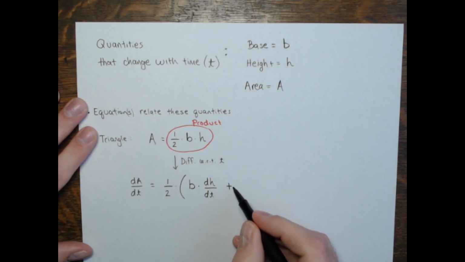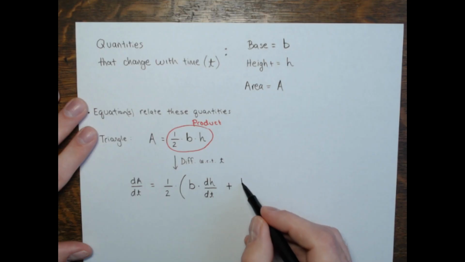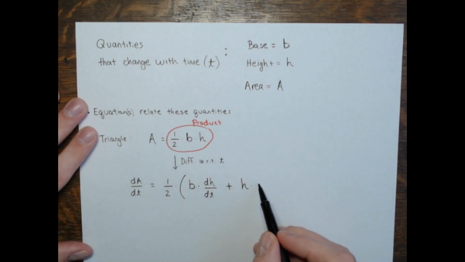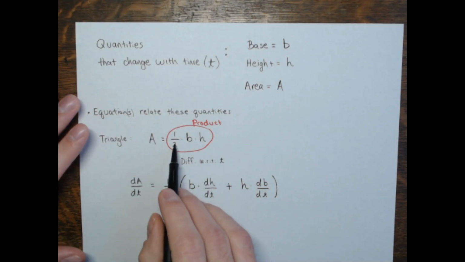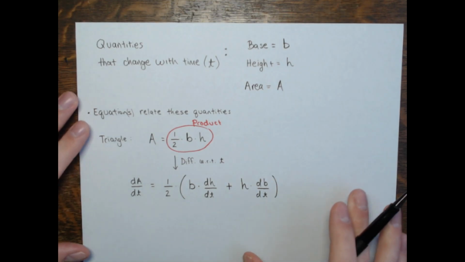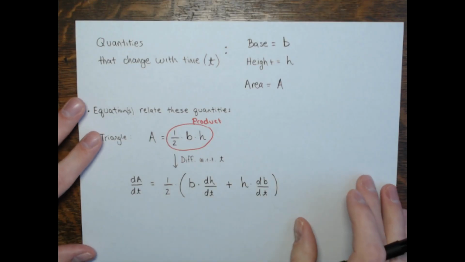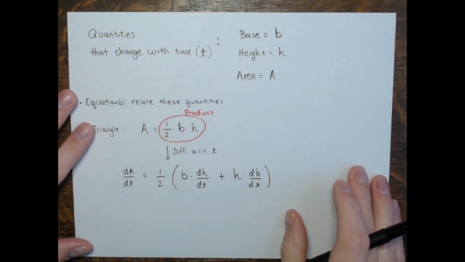Then plus, the other way around, where I leave the h factor alone, multiply that by the derivative of the base with respect to time, so db over dt. So all this should be in parentheses though, because it's got to be multiplied by this half. Now if you want to distribute the half, you can, but I will leave it this way.